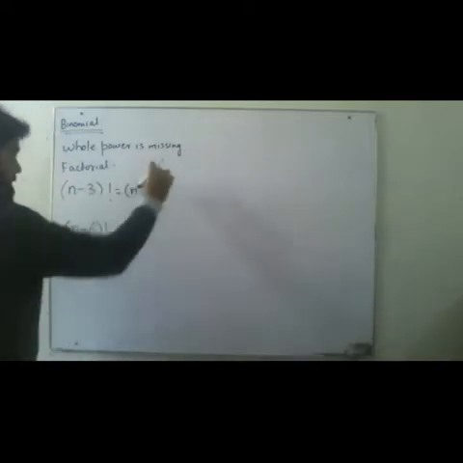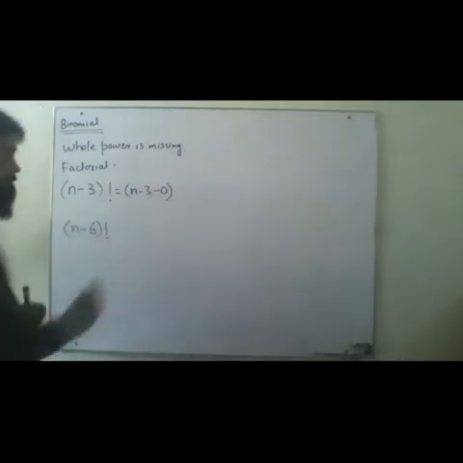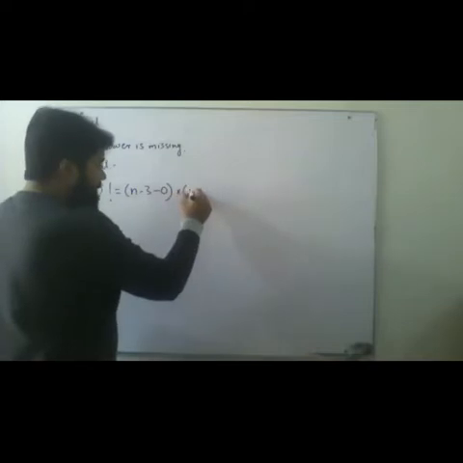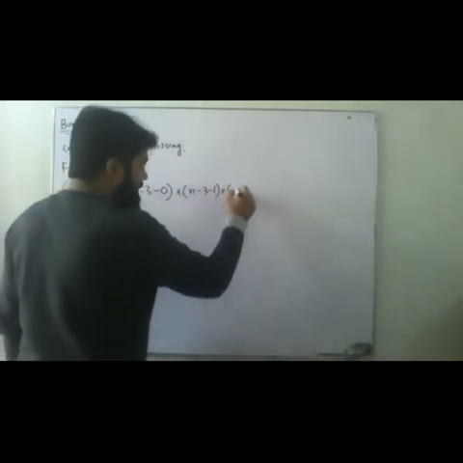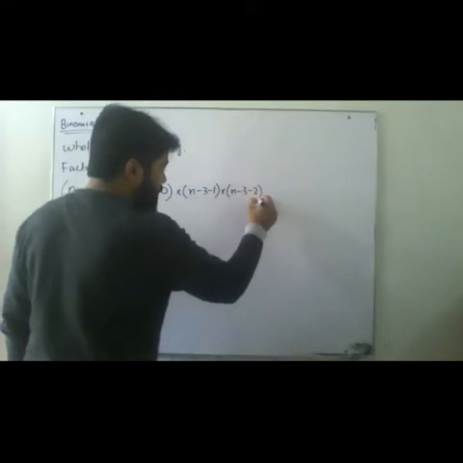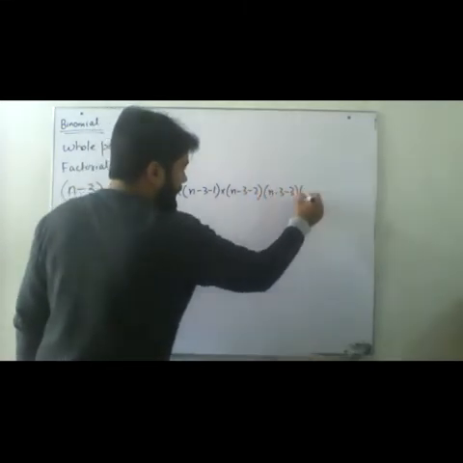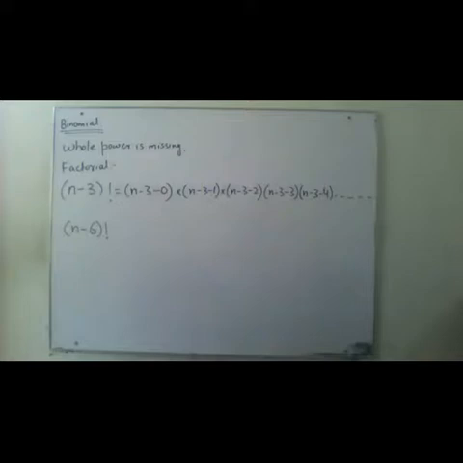First of all, n minus 3 minus 0. Okay, first one. Then n minus 3 minus 1, n minus 3 minus 2, n minus 3 minus 3, n minus 3 minus 4, and this will go till infinity. I'm not going for the last one.